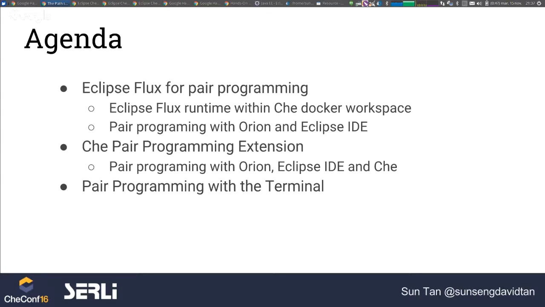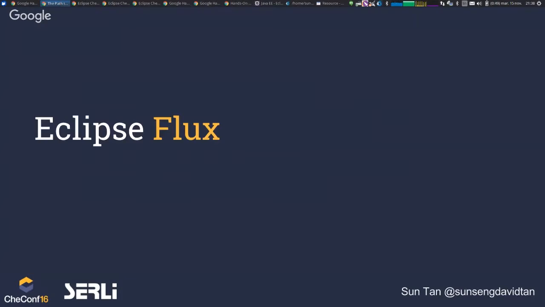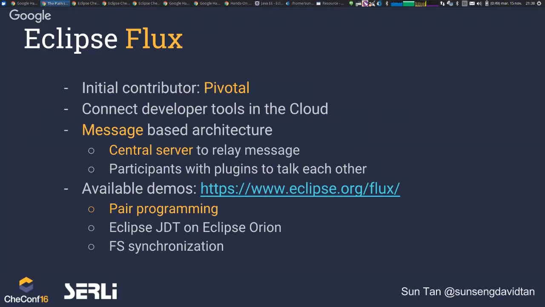And then I'm going to show you the pair programming extension in Che, and we will have the three editors sharing the same pair programming session. At last, I'm going to show you how we can share a terminal and pair program to use Git, for instance, in the terminal, and share the Git session. Okay, so Eclipse Flux is a project that has been initialized by Pivotal.